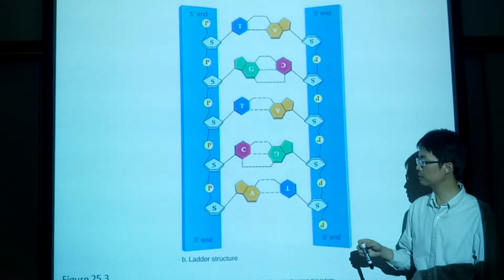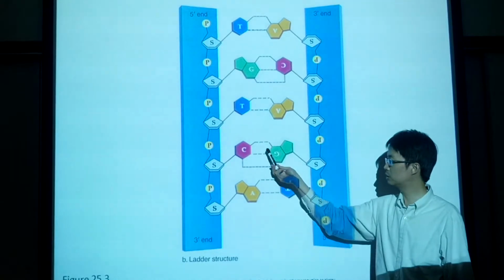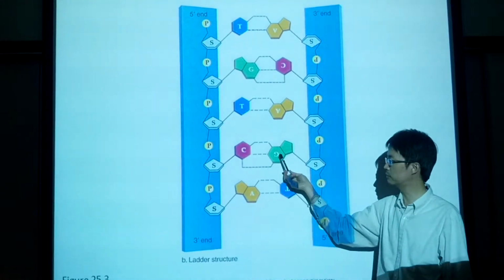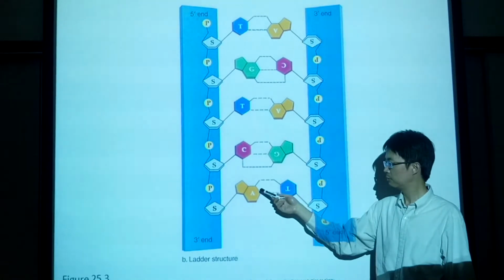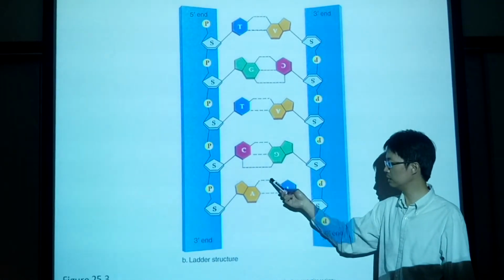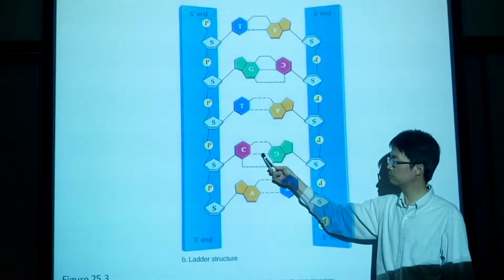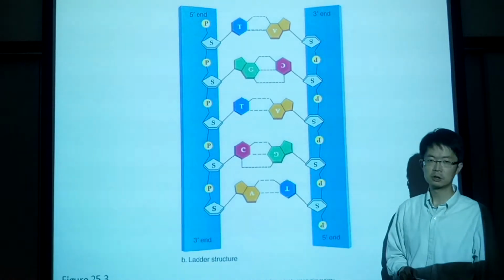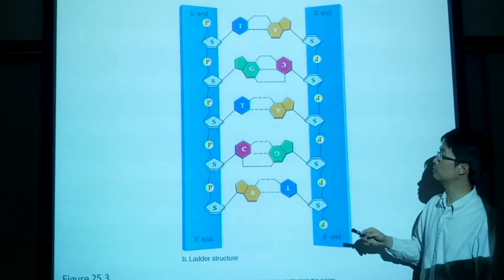In addition to that, you can see that A forms hydrogen bond with T and C forms hydrogen bond with G. And the number of hydrogen bonds is also different. When A forms hydrogen bond with T, it forms 2 hydrogen bonds. C with G forms 3 hydrogen bonds. So this is a base pairing rule.